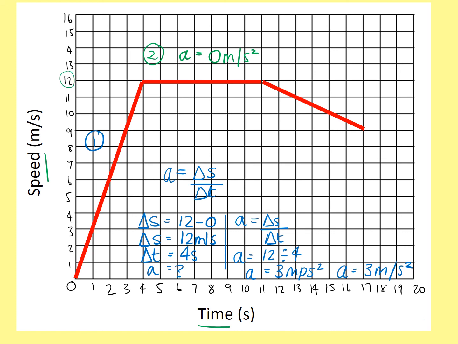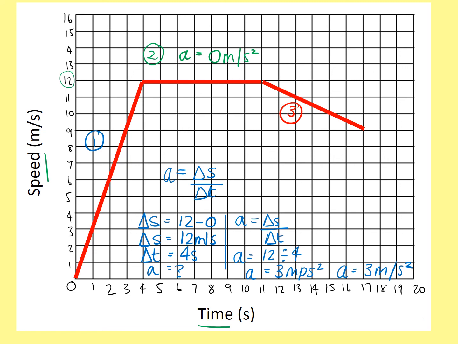And finally, let's have a look at section 3 over here. We're going to calculate this deceleration, the slowing down, but I'm actually going to call it an acceleration. What we're going to end up with is a negative acceleration, and that tells me that it's slowing down, or deceleration.